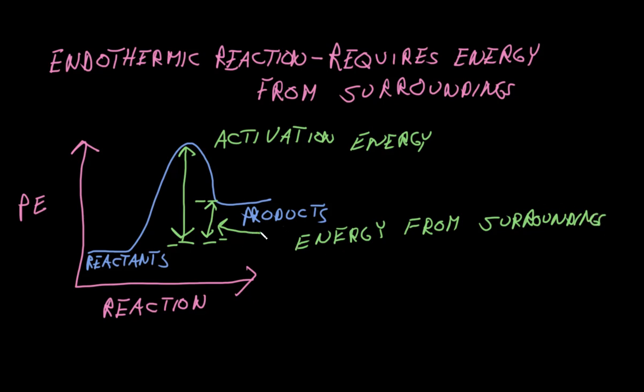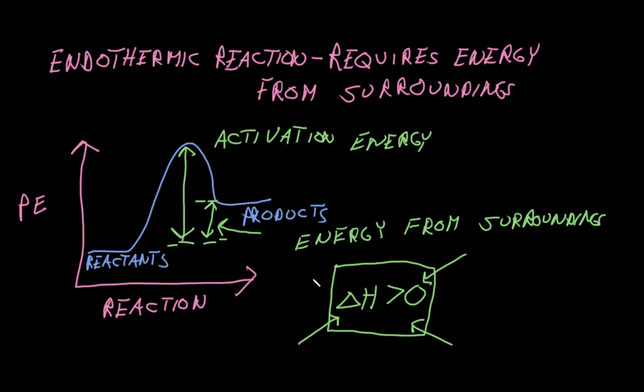Because we've got to find some energy, because the energy of the products is at a higher state than the energy of the reactants. So this energy's got to come from somewhere, and for an endothermic reaction, it's got to come from the surroundings into the system. So we could say delta H, our enthalpy, is going to be greater than 0. And again, our box is the system. So energy from the surroundings is flowing into the system.